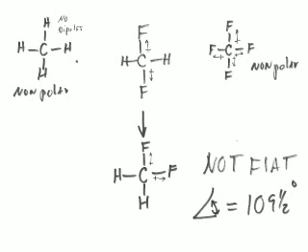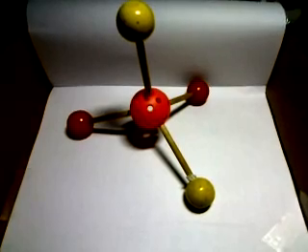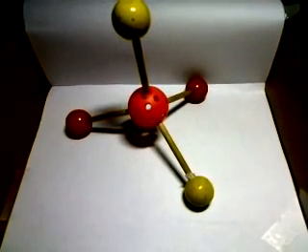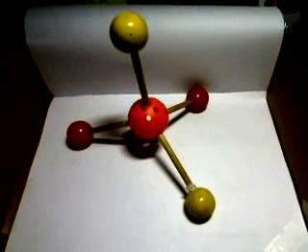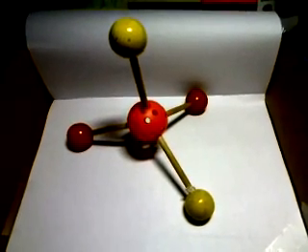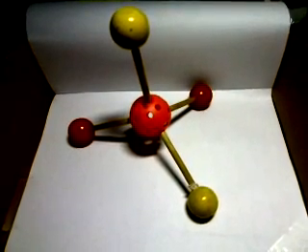All those bond angles are going to be about 109 degrees. As you can see, none of those angles are anywhere close to 90 degrees. They're all about 109, because that's the real molecule. It doesn't matter how I draw it on the board. All those angles are 109. None of them are 90s.